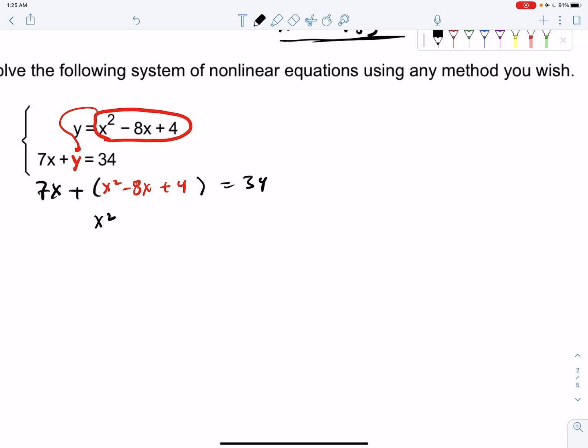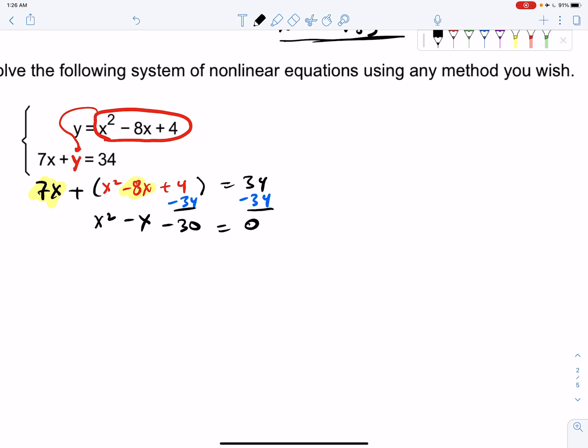I'm going to combine some like terms. 7x minus 8x is going to be negative x. I should set this equal to 0, so I'm going to subtract 34 on both sides, which gives me x squared minus x minus 30 equals 0.